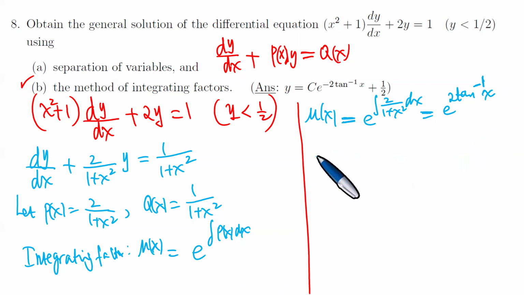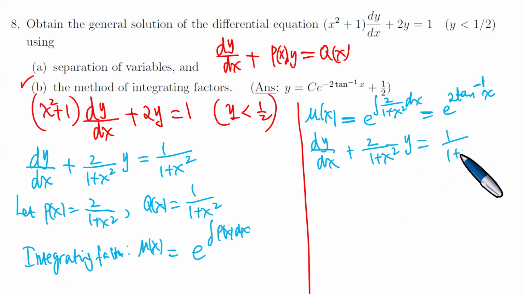And after you've done that, then you can take your dy dx plus 2 over this. So you multiply by the integrating factor, mu of x.